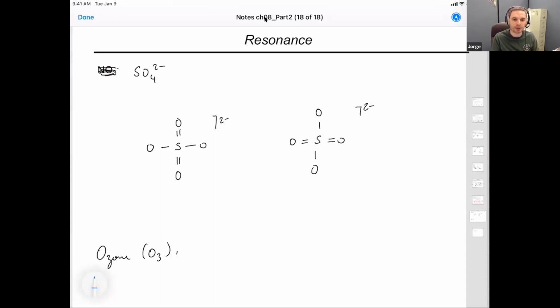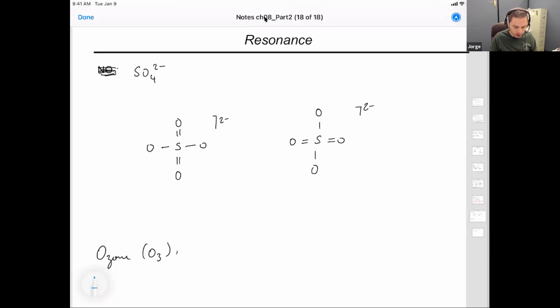The first one is having the two double bonds in the vertical position, and the second one is to have the two double bonds in the horizontal position, which is the most correct form. The two double bonds in the vertical or the two double bonds in the horizontal. How can we decide which structure is the best?